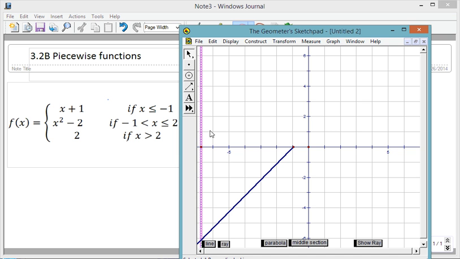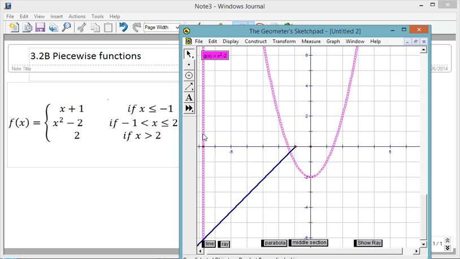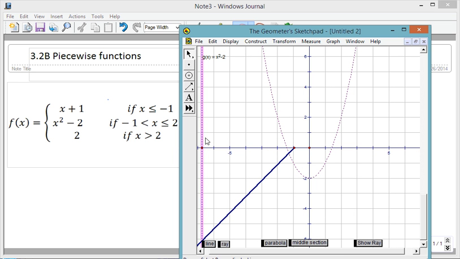I could graph that parabola, and here I have it graphed as a dotted line, but remember, I don't want to use the whole thing. I only want to use between -1 and 2. That's the only part that I want to use. I can get rid of the rest.